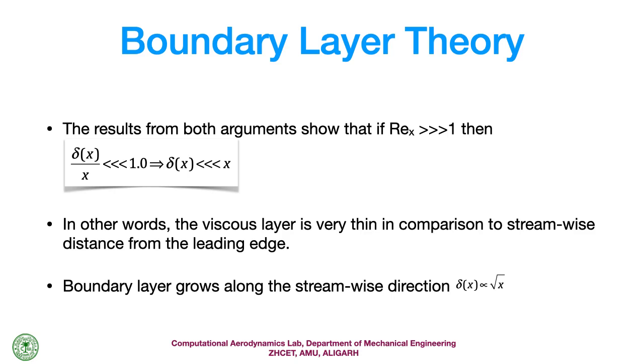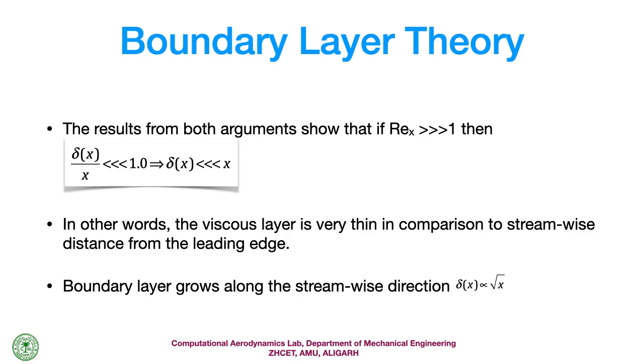So these two things mean that as you go downstream of any surface, whether it is a plate, airfoil, cylinder, or anything, the boundary layer will always grow. That is the important thing. These two are the takeaways from the initial introduction of the boundary layer theory.